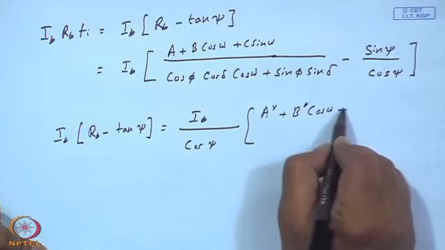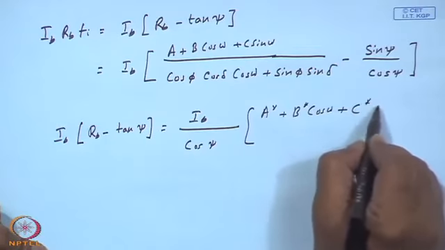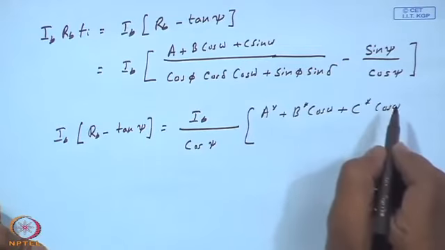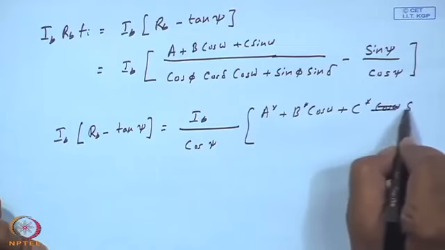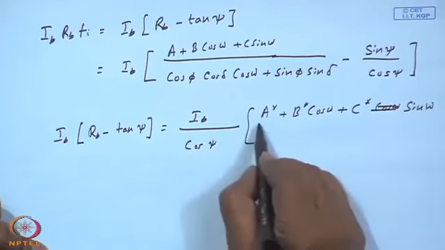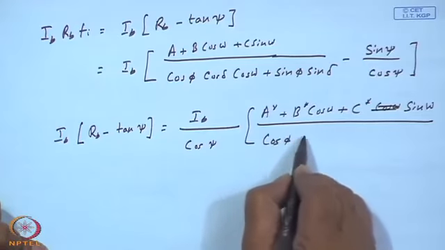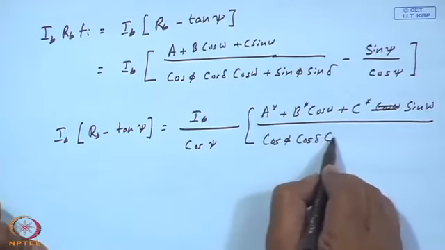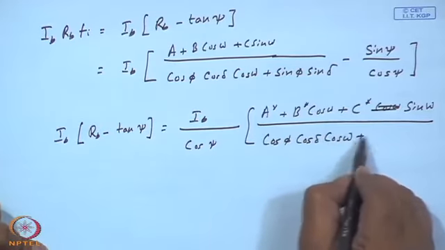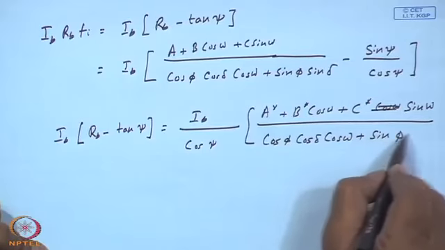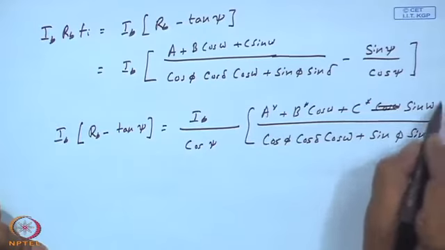You can work out this algebra, it is not difficult. I am rewriting sin omega upon your cos phi cos delta cos omega plus sin phi sin delta.